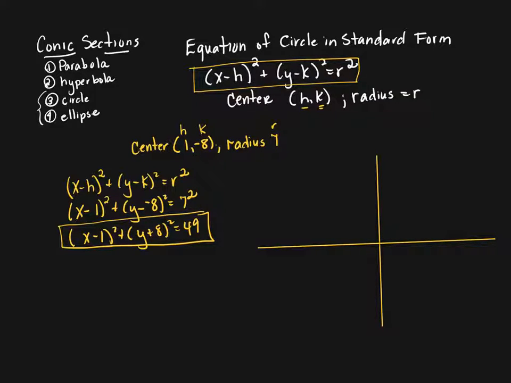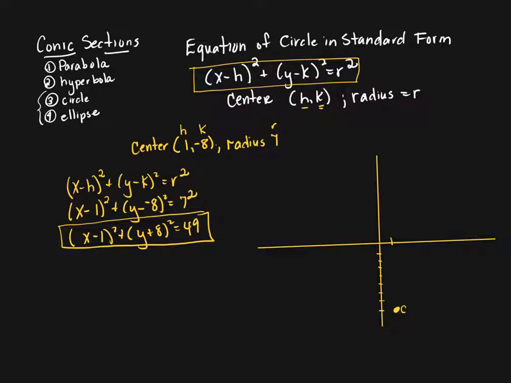My center would be at (1, -8) for this particular problem. So I'm going to go over 1, and down 8. Here's my center point. I like to mark it with C. That's just my habit.